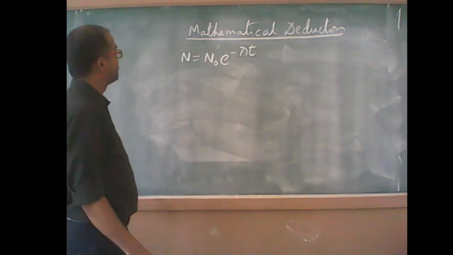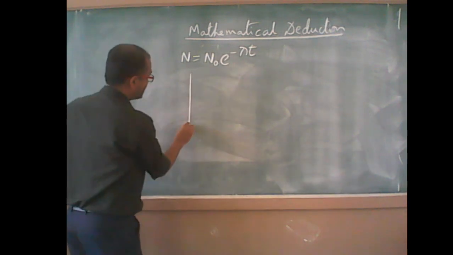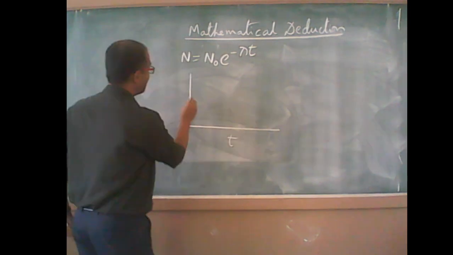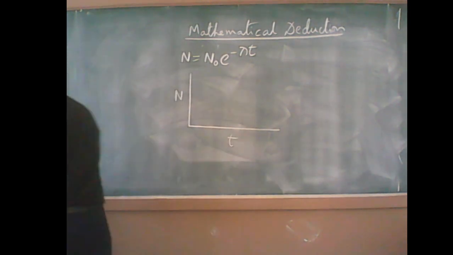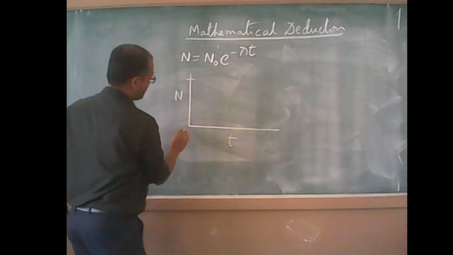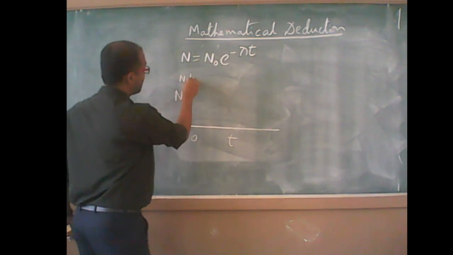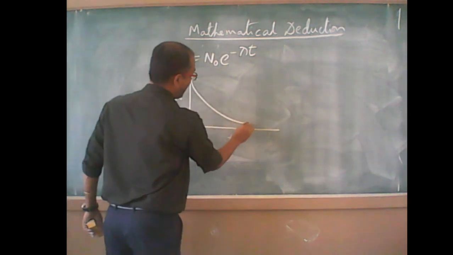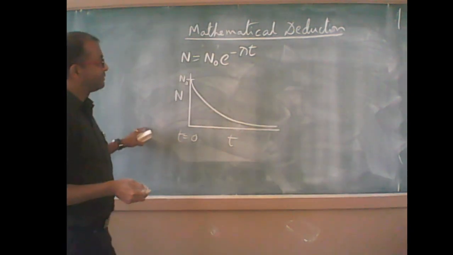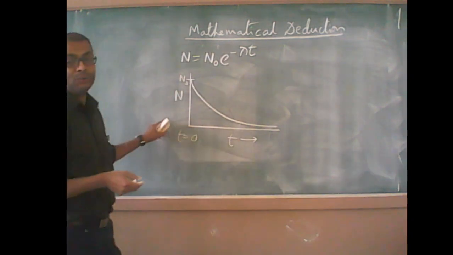If I consider T over here and N over here, the number of atoms that are present, then it starts with T equal to 0, with N0, and goes down exponentially, and it takes infinite time for the number of atoms of a radioactive sample to go to 0.